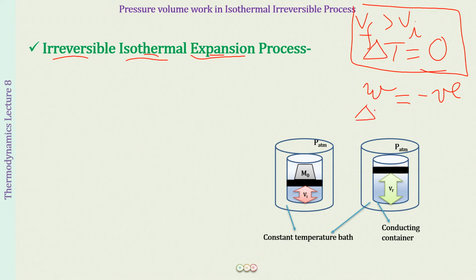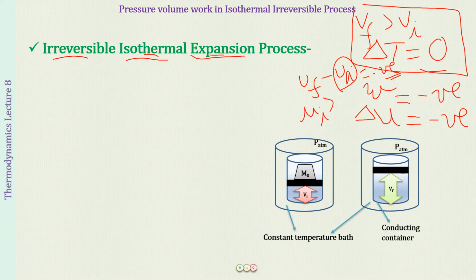Decrease in energy means that delta U is going to be negative, meaning that U final minus U initial is negative, which means that the internal energy of the system initially is going to be greater than the final energy of the system. Now, whenever there is a decrease in the internal energy of the system, what this means is that the temperature of the system is going to fall.